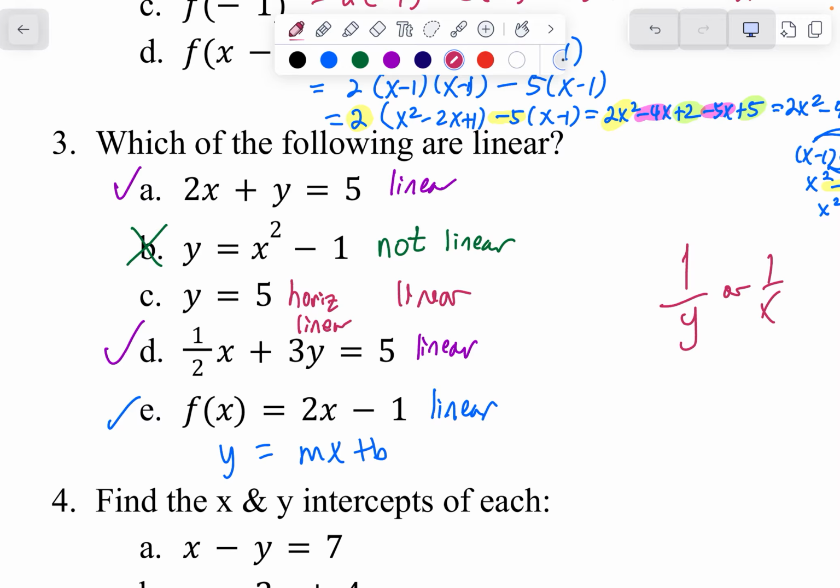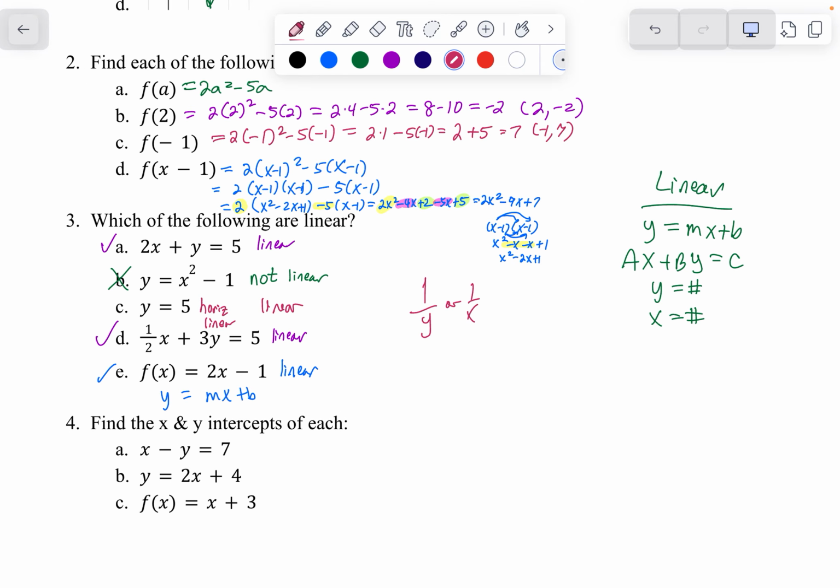So just make sure you know this rule here, that for linear functions, the x's and y's are separated, no powers are allowed, and you can't have x's and y's in the denominator, okay? Everybody good with 3? So that's a rule you can kind of put into your head.